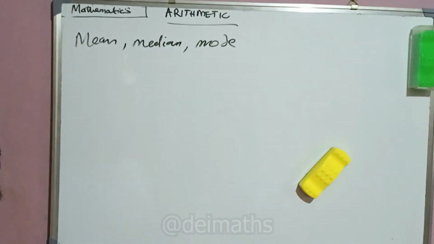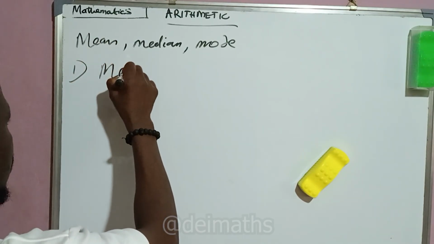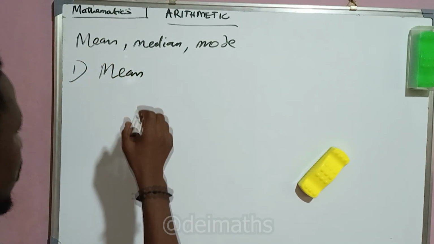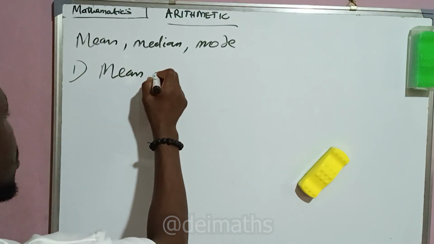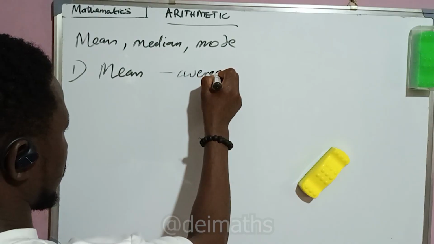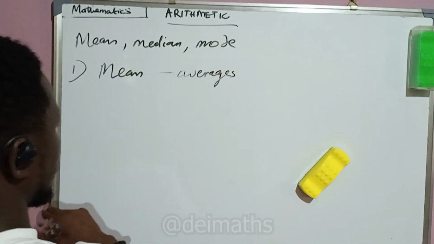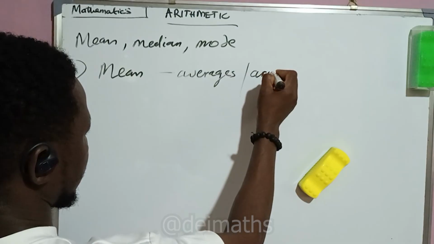Let's first of all treat mean. The mean can be called the average, or you can call it arithmetic mean.